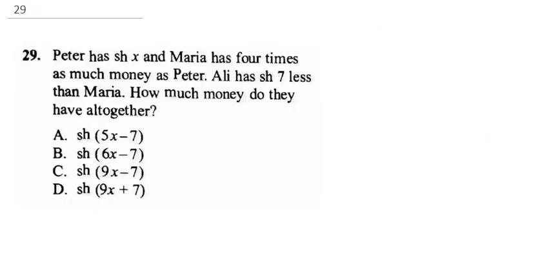Question 29 says, Peter has x shillings and Maria has 4 times as much money as Peter. Ali has 7 shillings less than Maria. How much do they have altogether? Now, Peter has x. Maria has 4 times Peter, that's 4x.